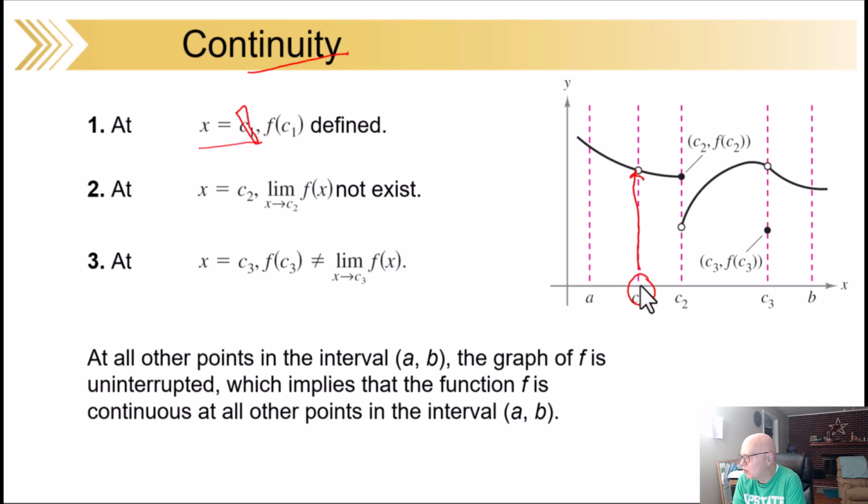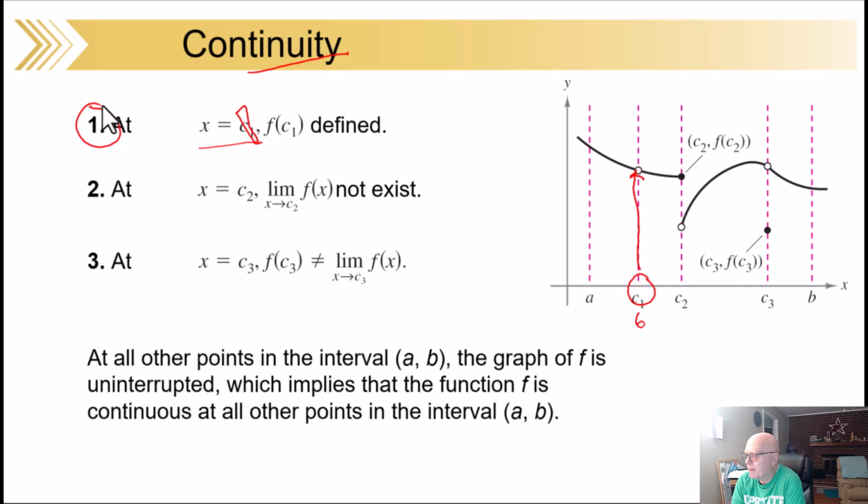Here it doesn't have one. If you ask for the y value, for example, at this number, say this is 6, and you say, what's the function value, or what's the y value at x equals 6? In this case, there is no answer. It's not defined.